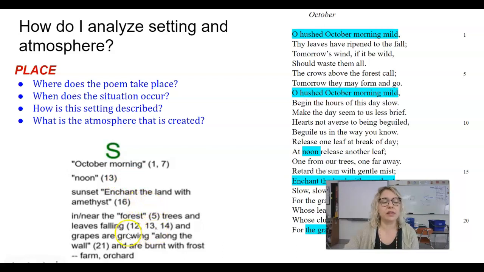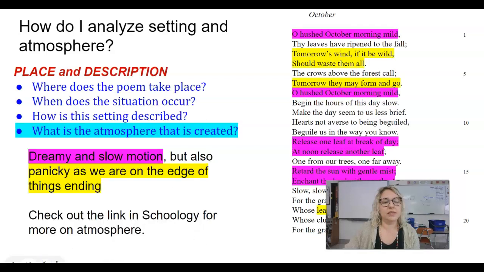We talked about the place and that it's a forest with leaves falling, grapes are growing. So those are all very literal places and times having to do with where the poem takes place.